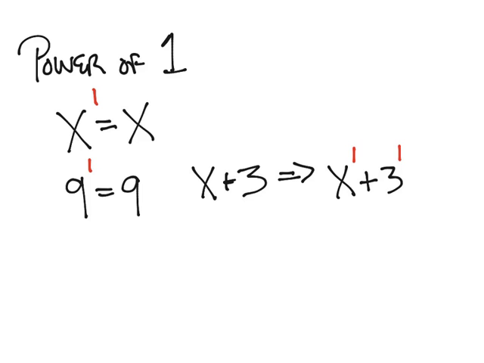Now let's look at the power of 0. The power of 0 states that any value raised to the power of 0 is equal to 1. And this holds true for any value whatsoever. For example, 6 raised to the power of 0 is still equal to 1.